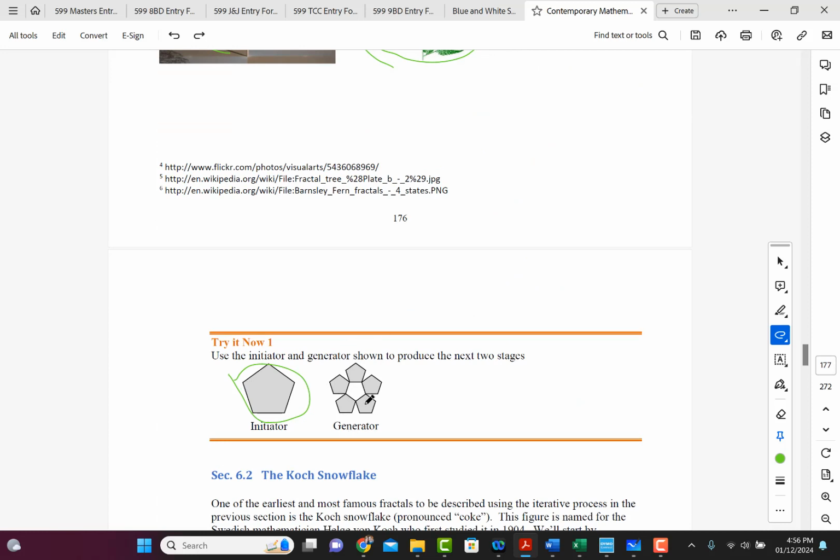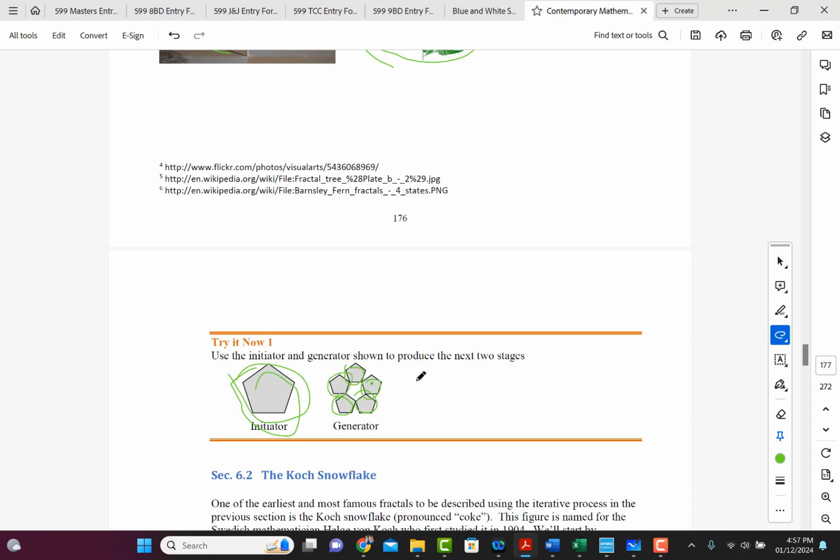Okay, and then in step 2, we're going to replace each one of these, because what we did was we replaced this with 5 of these. Okay, so now in the next step, we're going to replace each one of these 5 pentagons with smaller pentagons.